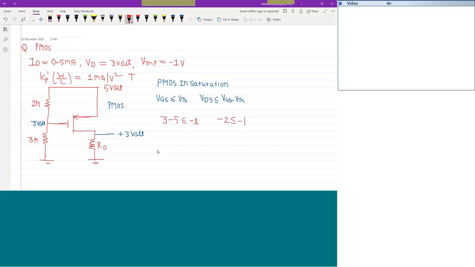What about the second condition? You are saying that VDS should be less than or equal to VGS minus VTH. VGS is what? VG minus VS. VG is 3, VS is 5, so minus 2.